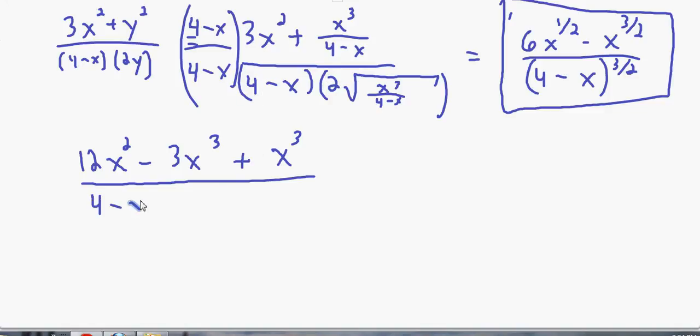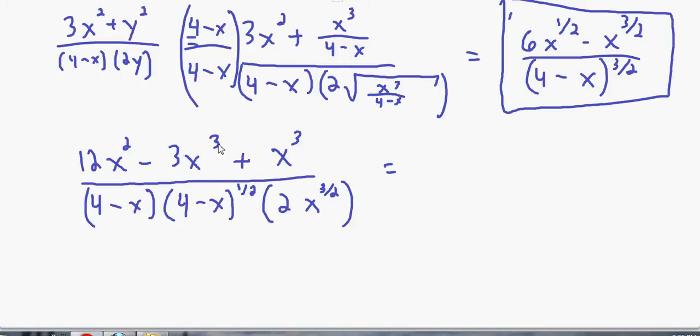I'm going to leave this 4 minus x alone, and then 4 minus x times this part right here is going to cancel with the square root of 4 minus x on the bottom, which is going to leave us with another 4 minus x to the 1/2. And then we're going to have 2 x to the 3/2 because it's in the square root, so x to the 3/2. Cool. Well, right here you can see we have 4 minus x times 4 minus x to the 1/2. That's going to work out nicely because that's 4 minus x to the 3/2.